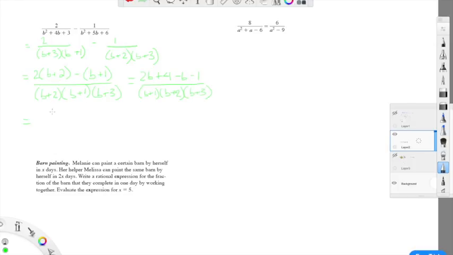We get 2b minus b is equal to b, and plus 4 minus 1 is equal to plus 3. And then again, that's all over b plus 1 times b plus 2 times b plus 3, and we'll see a common term on both the top and bottom. So we can eliminate that b plus 3, and we're left with only a 1 on top for a final simplified answer of 1 over b plus 1 times b plus 2.